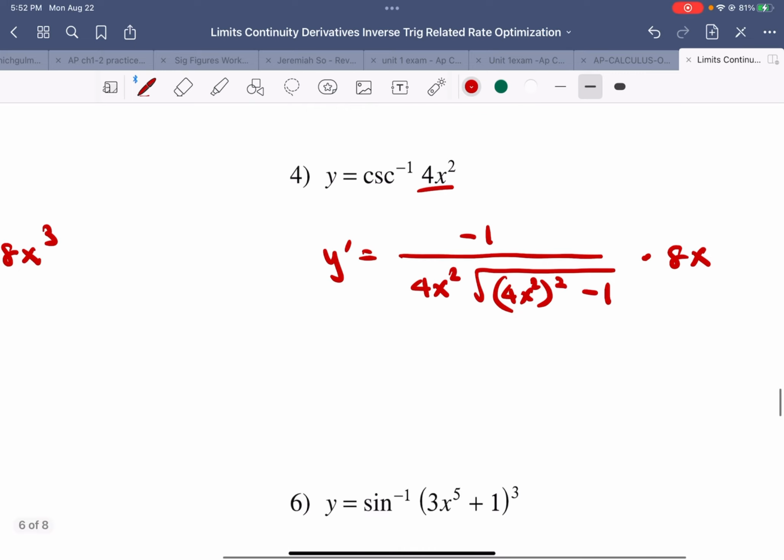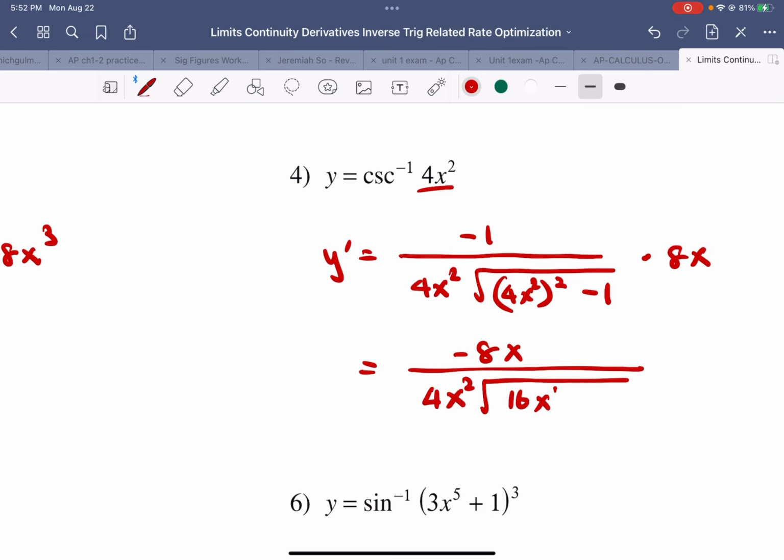So when you simplify, negative 8x over 4x squared, and I'm going to simplify further a little later, square root of 16x to the 4th power minus 1. So your final answer, when you reduce this, negative 2, and one of the x cancels out. So the only thing on the top is negative 2, and on the bottom is just x times the square root of 16x to the 4th power minus 1. Okay, that's your final answer.